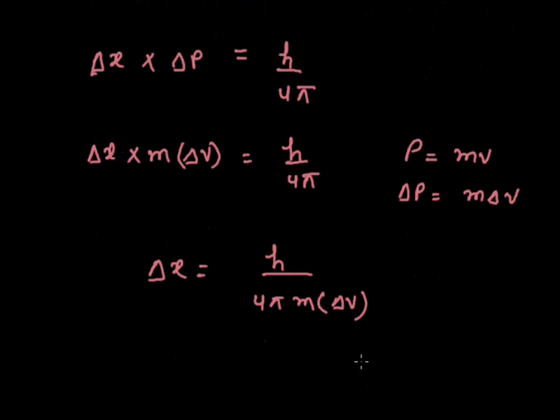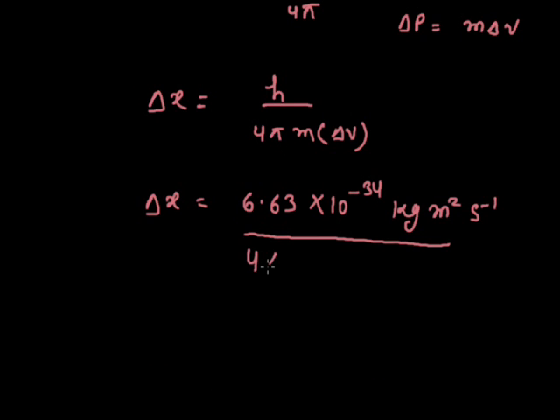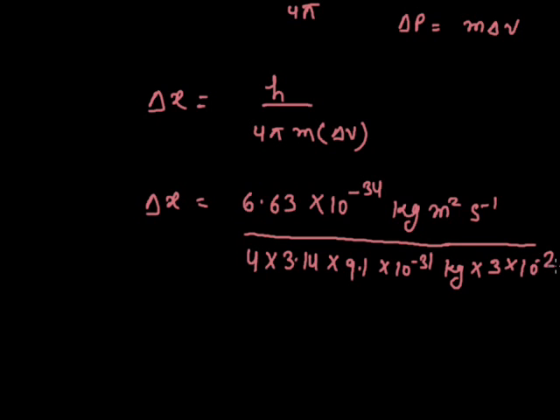So we will put delta x is equal to 6.63 into 10 to the power minus 34 kilogram meter square second inverse upon 4 into 3.14 into 9.1 into 10 to the power minus 31 kilogram into 3 into 10 to the power minus 2.